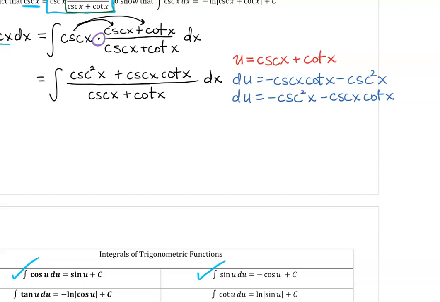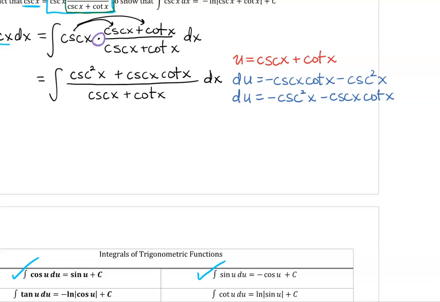So again, if you knew your trig derivatives, you knew that this would show up. And wow, that is almost exactly what we have in the numerator. The only difference is in the numerator, both of these are positive, and in our du, they're both negative.